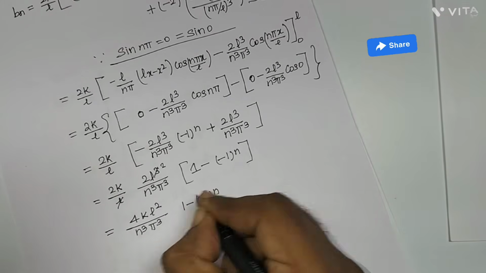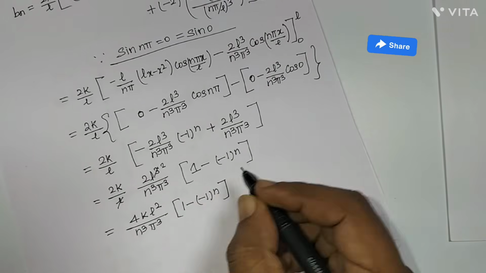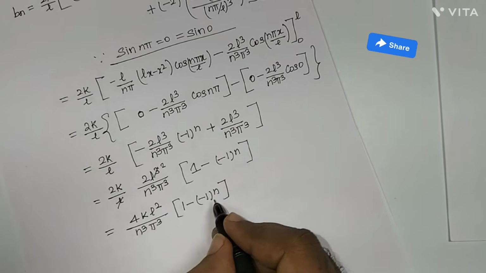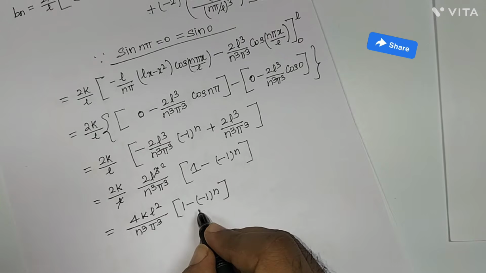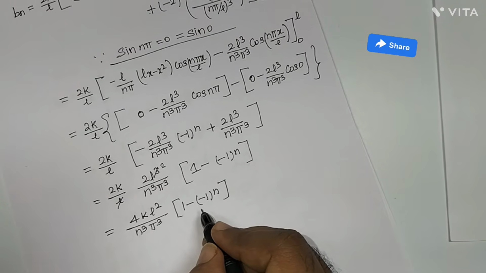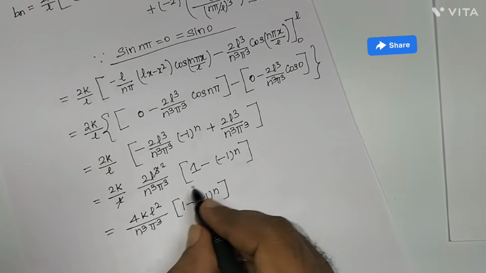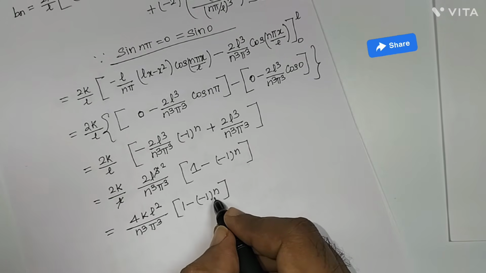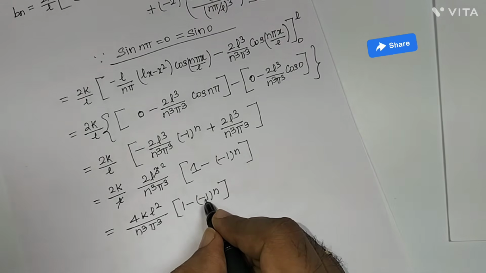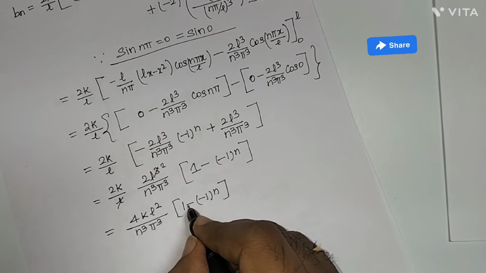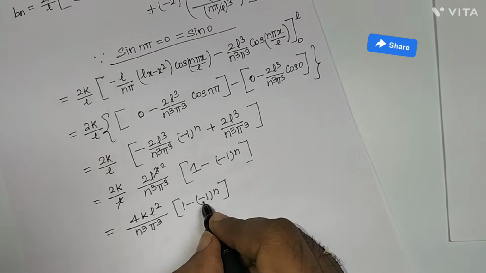Whenever you have the form 1 minus (minus 1) power n like that, our answer depends completely on odd or even. So from this square term I am going to apply n equal to odd number. When I substitute n equal to odd number, this minus 1 remains, minus into minus plus. So 1 plus 1 is 2, 2 into outside term 4 is 8.